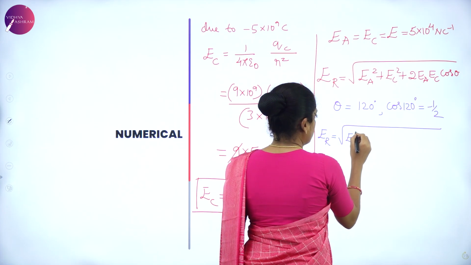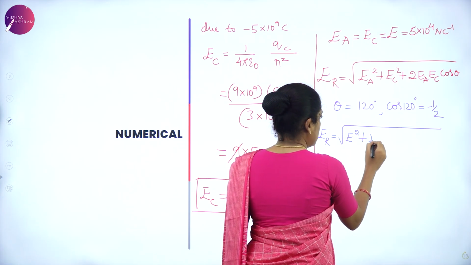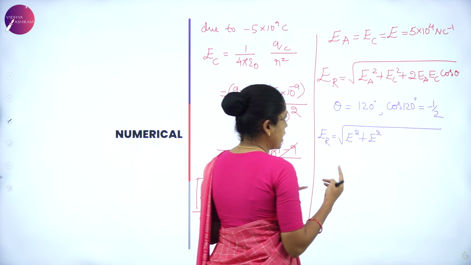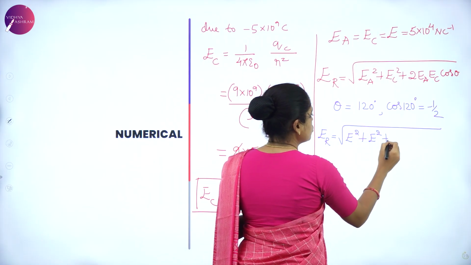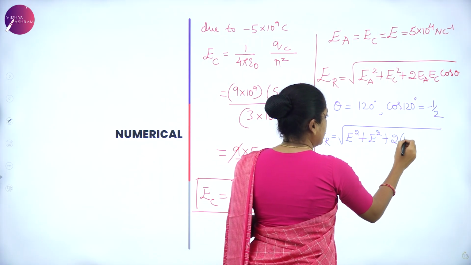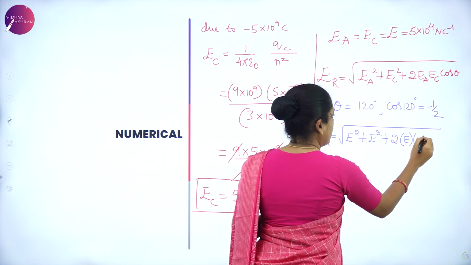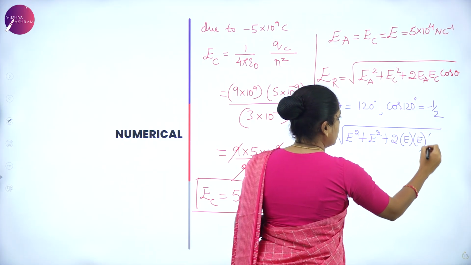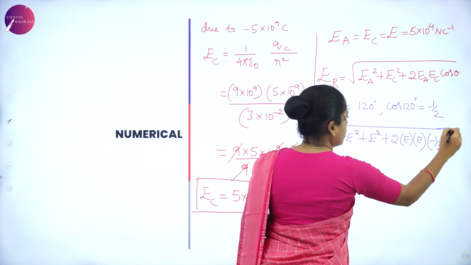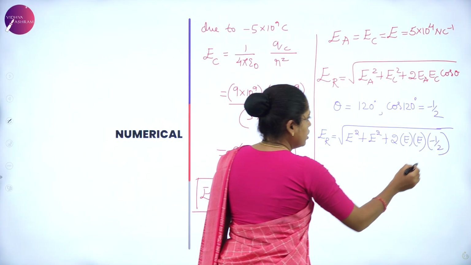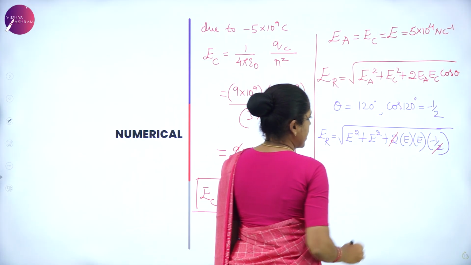So E square plus E square, as they are equal, plus 2 E into E, and the cos 120 degree value is 1 by 2. Here 2 gets cancelled.